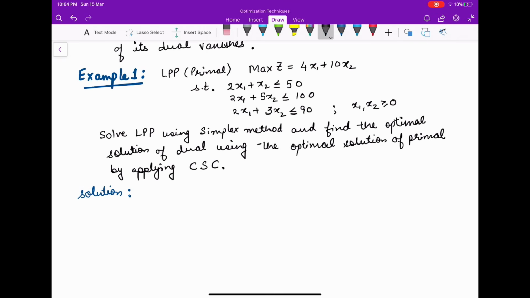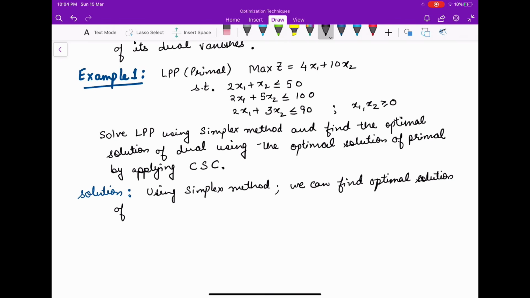So for the optimal solution of this primal, I can use the simplex method. So using the simplex method, we can find the optimal solution of the primal.